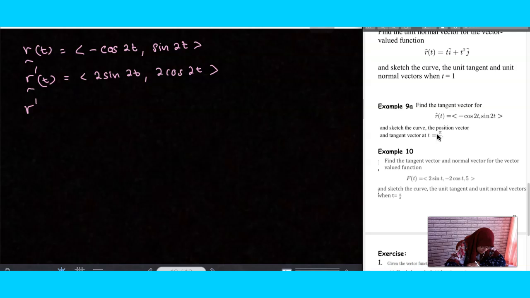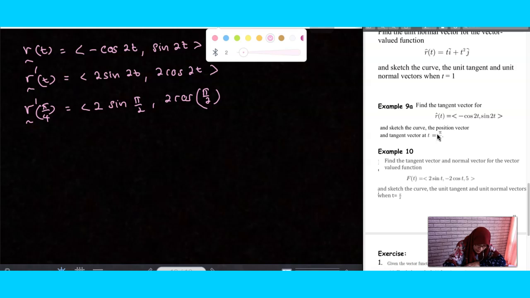so the tangent vector at t equal to pi over 4. So 2 sine pi over 2, because we have the 2 there, 2 cos pi over 2. Okay.